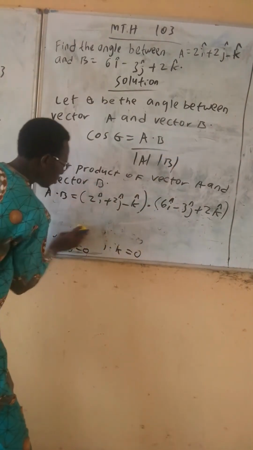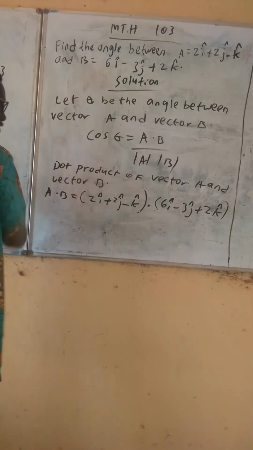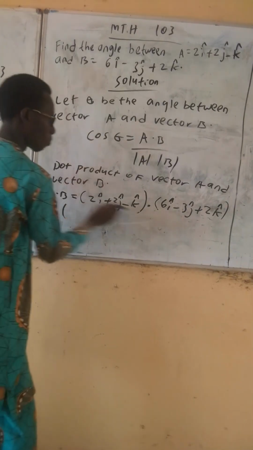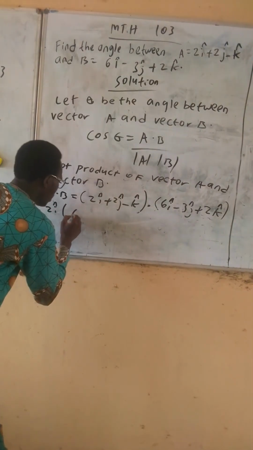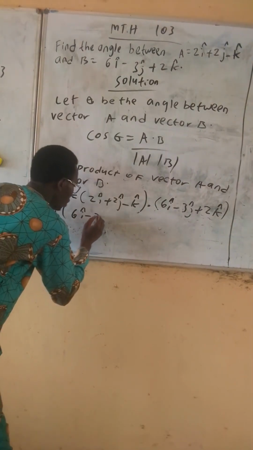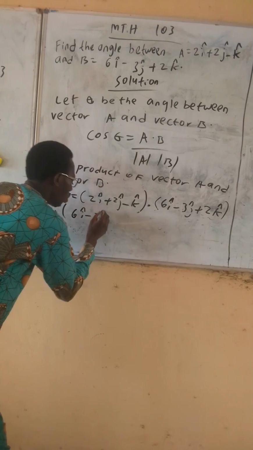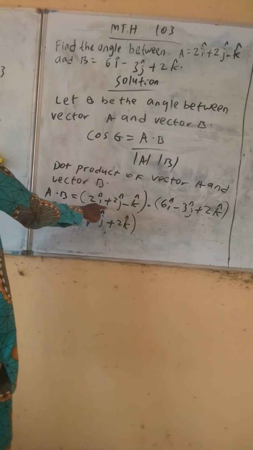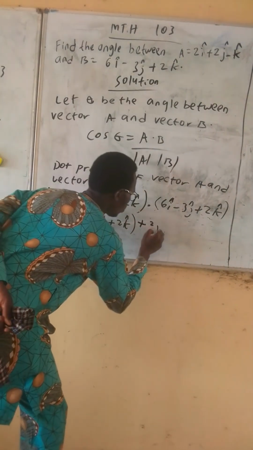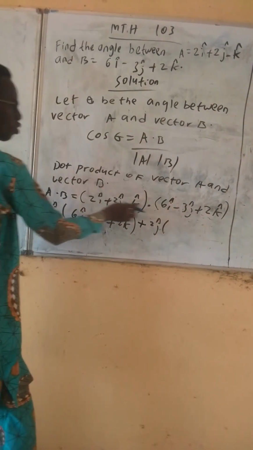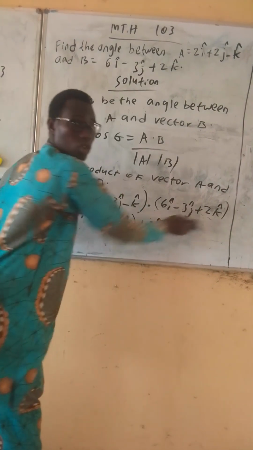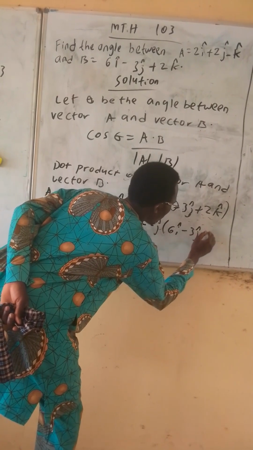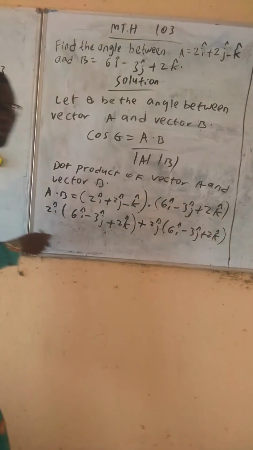Let me show you what I mean. Let's start with this one. We have 2i vector multiplied by 6i vector minus 3j vector plus 2k vector, and we have plus 2j vector multiplied by 6i vector minus 3j vector plus 2k vector.